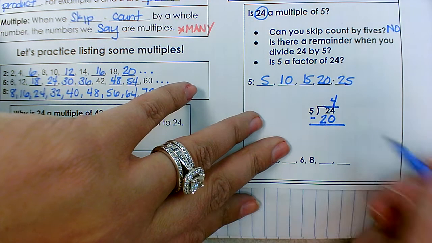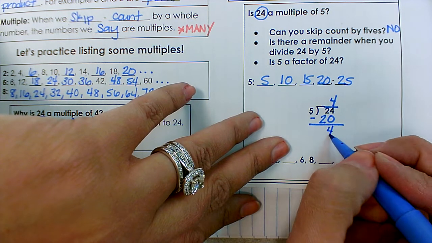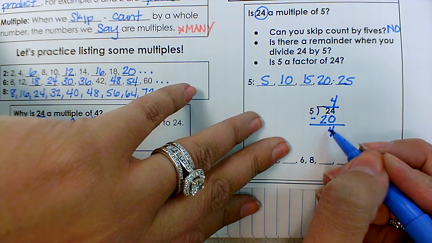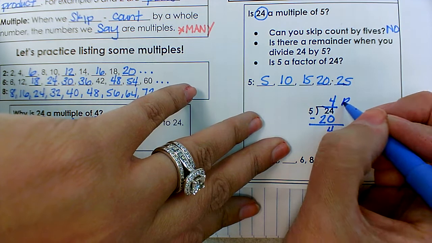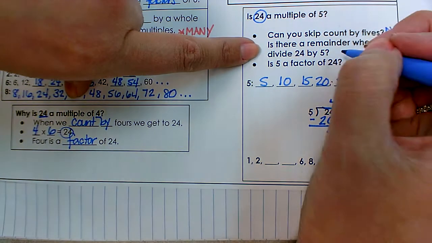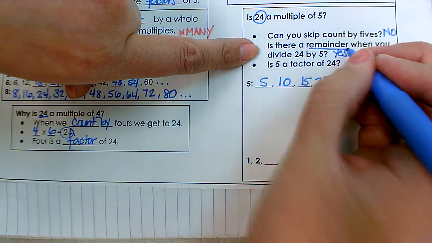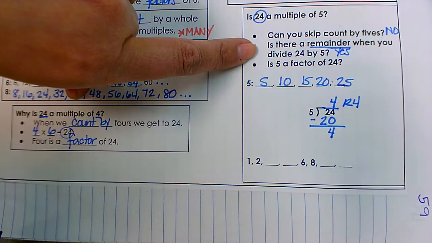This is what I'm going to subtract. I've passed those out. Now I have 4 left. But I can't use those 4, and that 4 becomes my remainder. So, was there a remainder when I divided? Yes. If there's a remainder, it's not a multiple, friends.